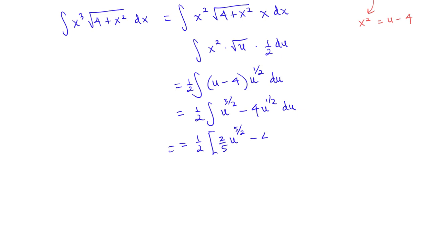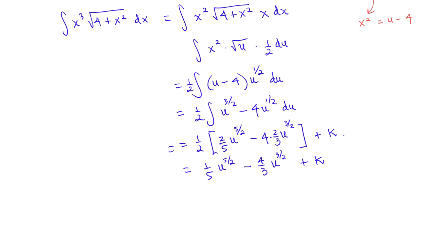The antiderivative of u to the 1/2 is u to the 3/2 over 3/2. We no longer have the integral signs, so we add a constant k. Distributing the 1/2, we have 1/5 u to the 5/2 minus 4/3 u to the 3/2 plus a constant k.